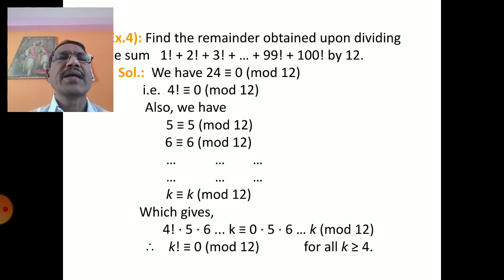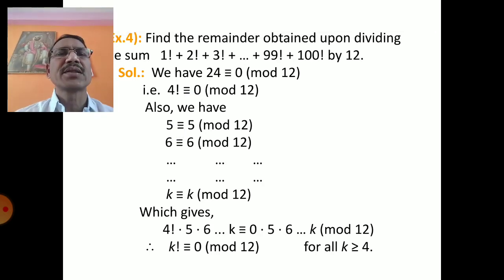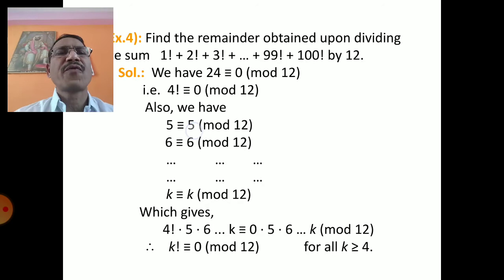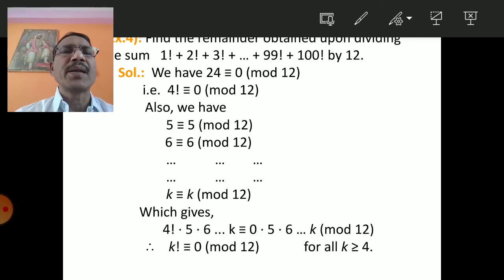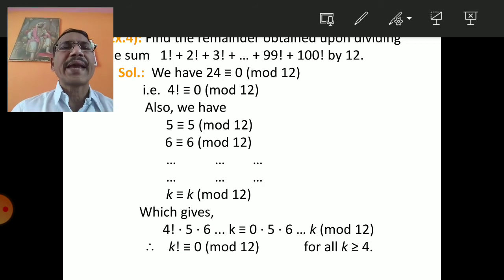Now taking multiplication of all these congruences, that means 4 factorial into 5 into 6 up to k is congruent to 0 into 5 into 6 up to k mod 12, because we know the property if A is congruent to B mod n and C is congruent to D mod n, then AC is congruent to BD mod n.